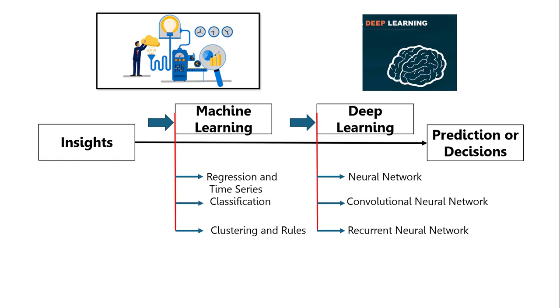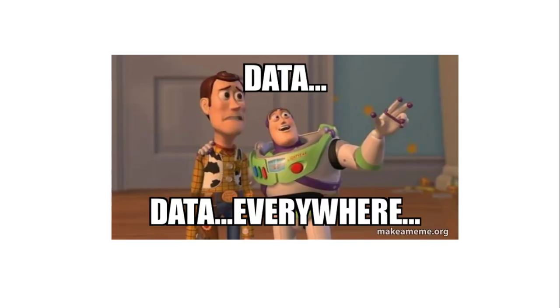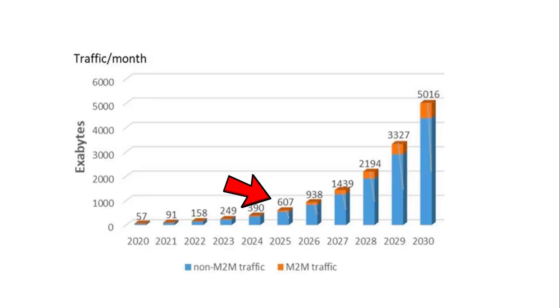All right, this is the comprehensive introduction that I can give about machine learning and data science, and also the algorithms that we have. In a nutshell, what I'm saying is that data is everywhere. Right now in 2025, it is estimated that we are using 607 exabytes of data, whereas in the next 5 years, this number is going to be 10 times higher.